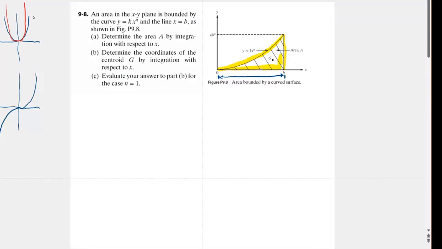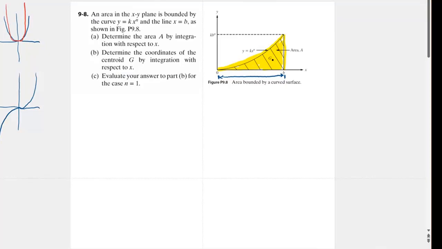Whenever I take the integral, I find the area under the curve to the x-axis. Or actually, I shouldn't say under the curve. I should say from whatever the curve is to the x-axis, because if it was negative, it would still find the area from the curve to the x-axis.